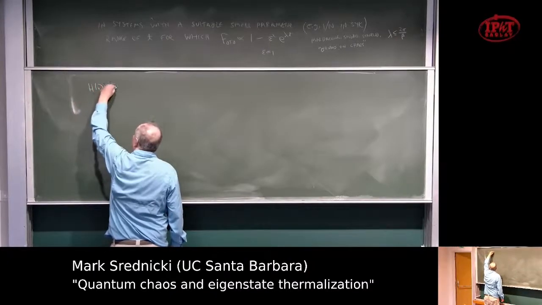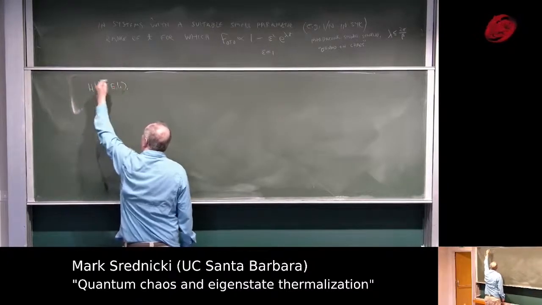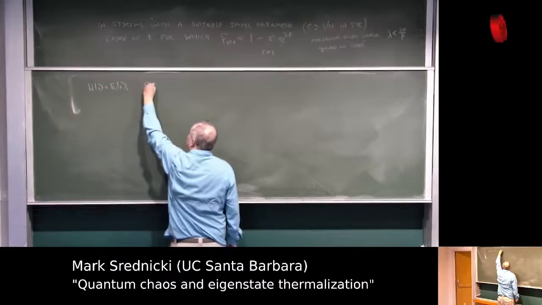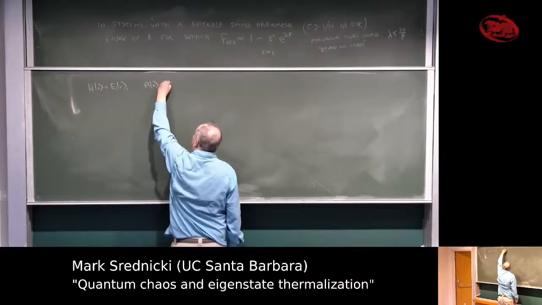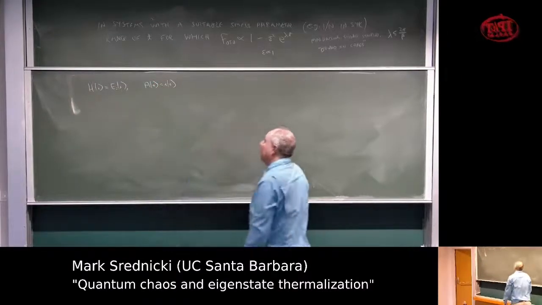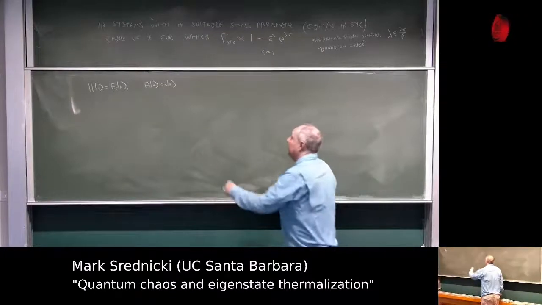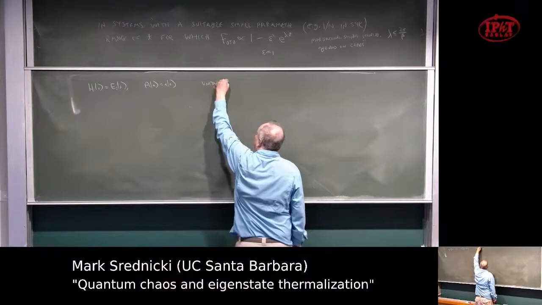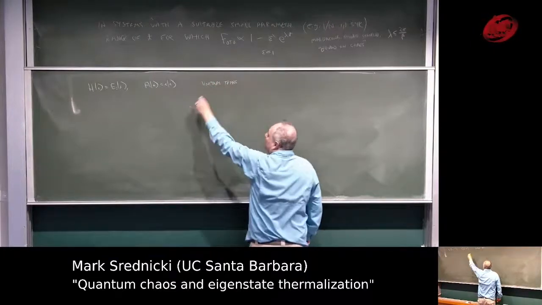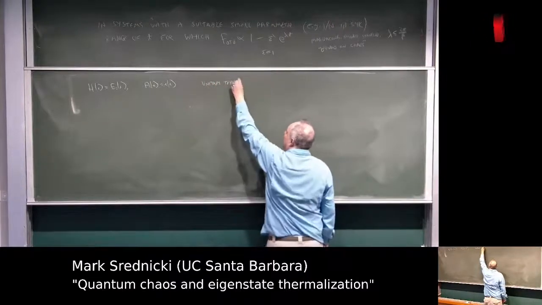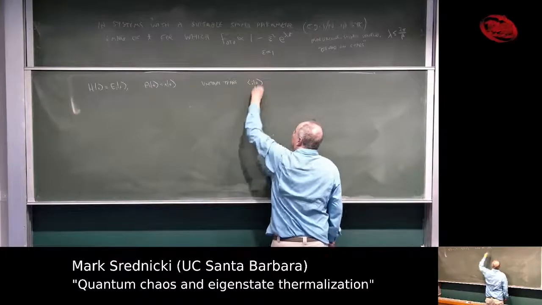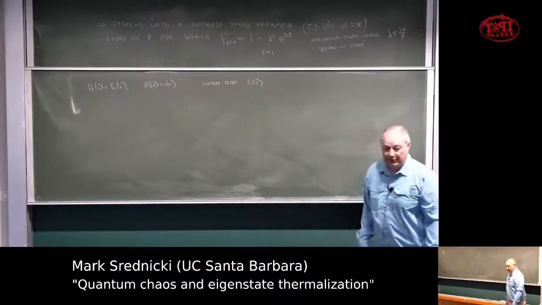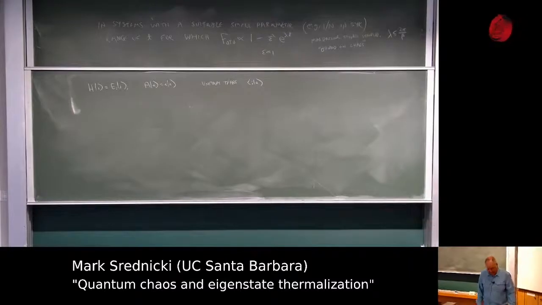A better way to think about it is: suppose we diagonalized A, and we had an observable with some eigenvalues. We can think of a unitary transformation from the energy basis to the A basis as being, of course, given just by this inner product.